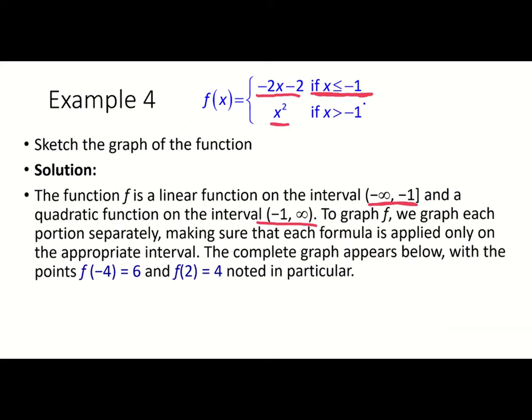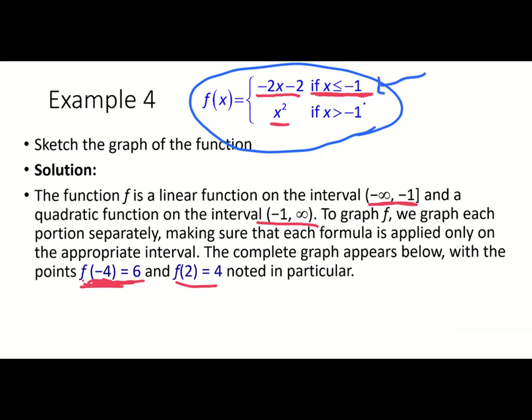We're going to take a look at the complete graph in a minute, and like they did points f of negative 4 equals 6 and f of 2 equals 4. Now, what's important with these 2 points is f of negative 4 equals 6. That negative 4 will only work into one of these two equations. Which one does it fit into? Hopefully, you're thinking, well, that number is less than or equal to negative 1.